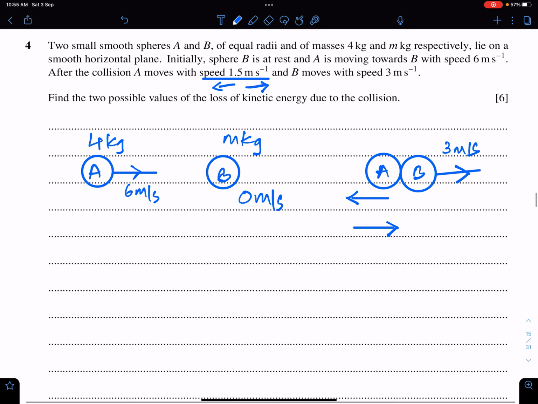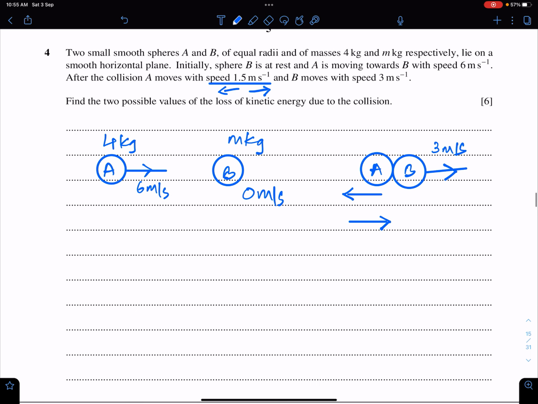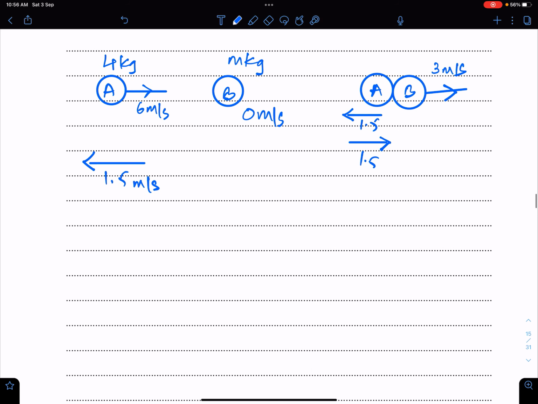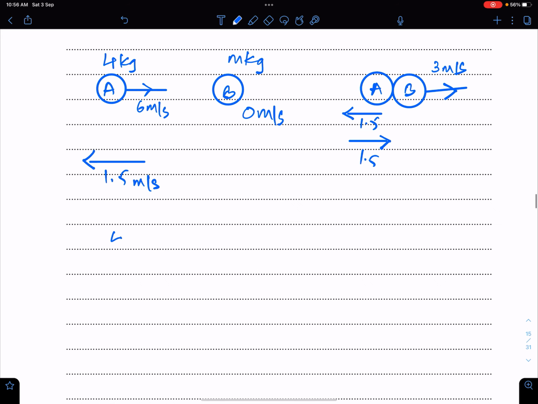Number one, we have to work for this direction, 1.5. So when A was moving in this direction after the collision, the value of m would be, according to the law of conservation of momentum, 4 into 6 plus 0 equals 4 into minus 1.5 plus 3 into m.